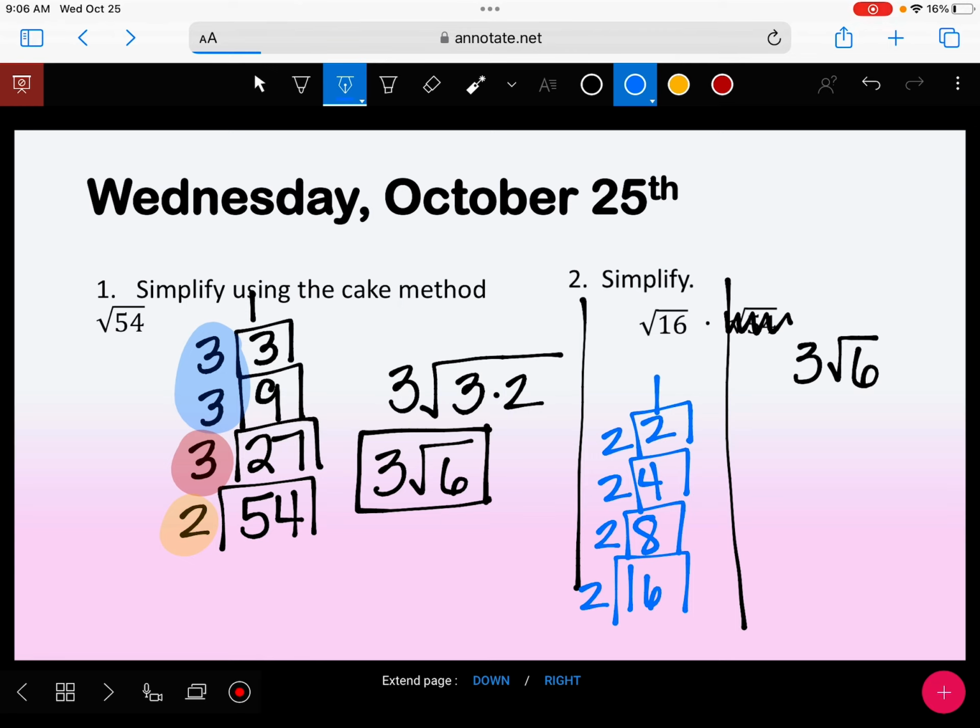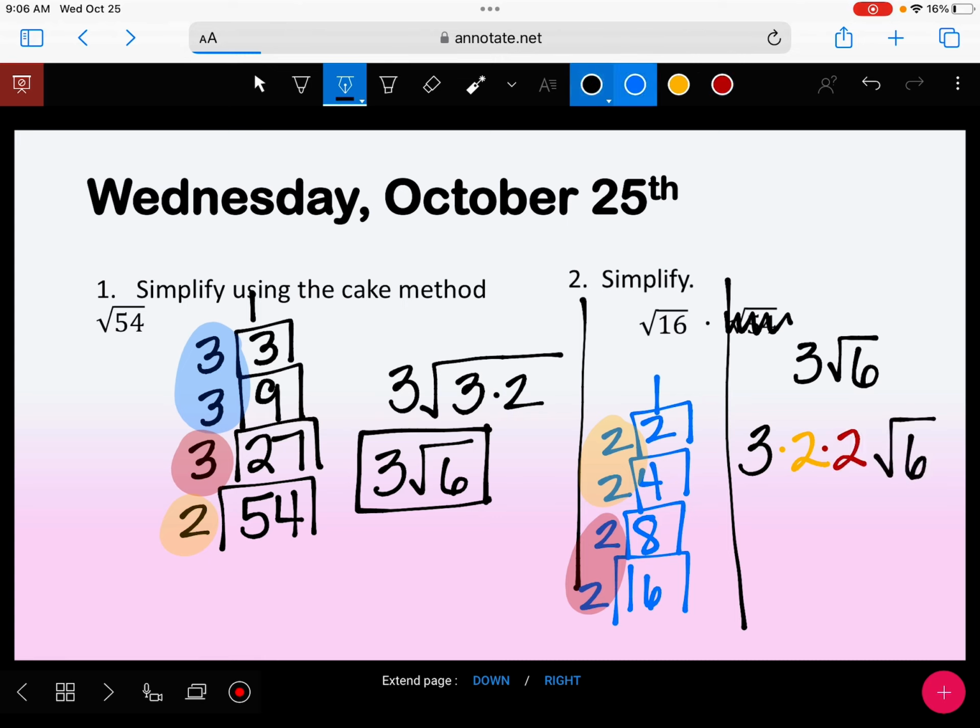So that means that I'm going to add some numbers outside with this 3. Outside with this 3, I'm going to add a pair of 2s. So I have a 3, and then I also have a pair of 2s that's also on the outside.